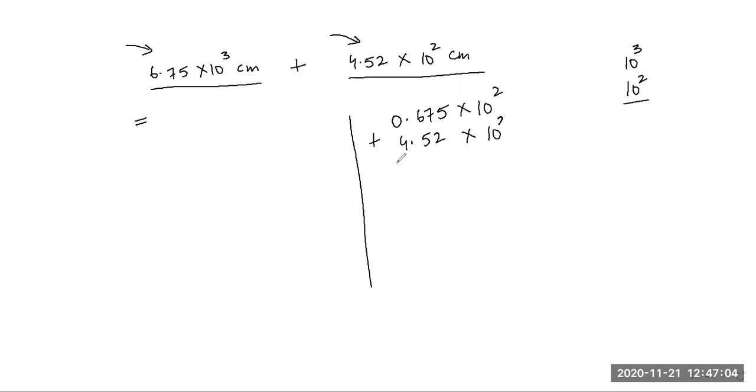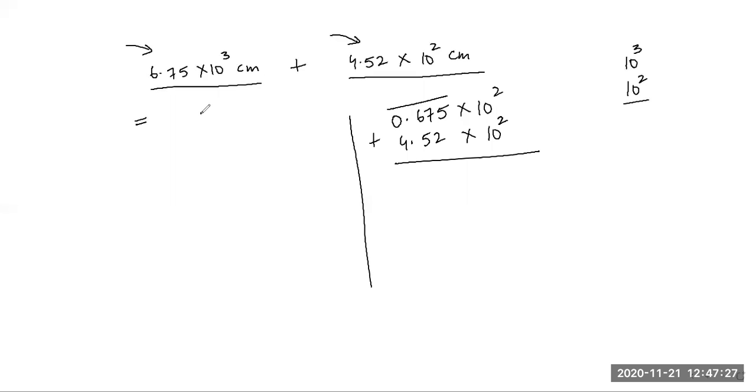Now the problem is, students, the number of digits are increasing here. Am I right here? Number of digits after the decimal are increasing. So better we go for 10 raised to power 3 only.